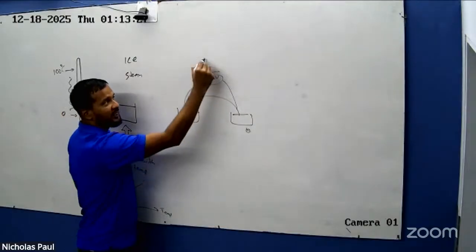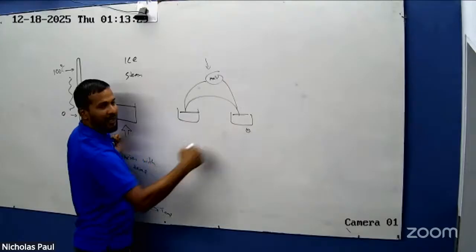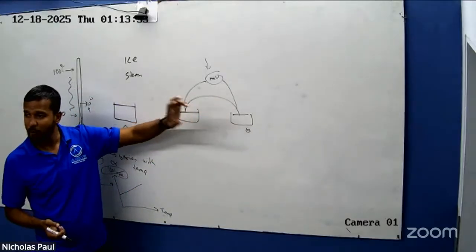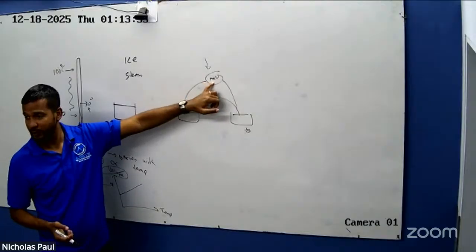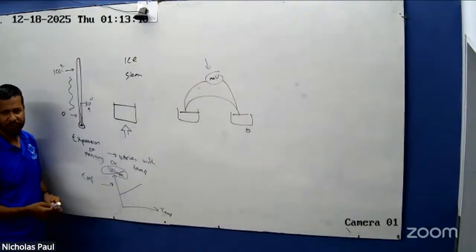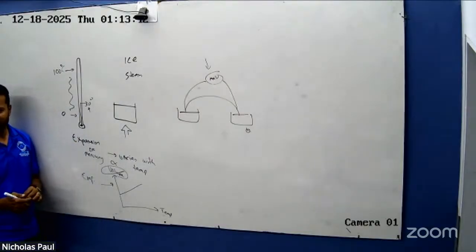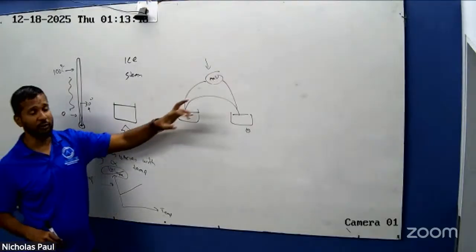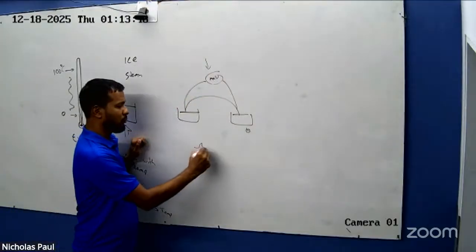Based on your voltage readings, you can work out temperature. So for the thermocouple, your thermometric property is voltage. Any others? There's a next one called the resistance thermometer, and that gives you values in ohms.